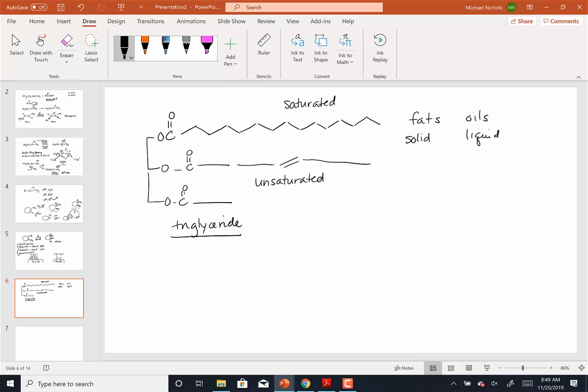And that double bond can be either cis or trans. It turns out that the saturated tend to be solids. They tend to be fats. The unsaturated, because of the kink in the double bond, don't pack very well. And so unsaturated tend to be oils.